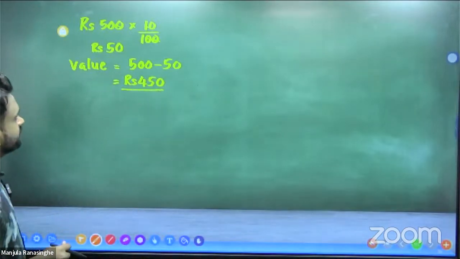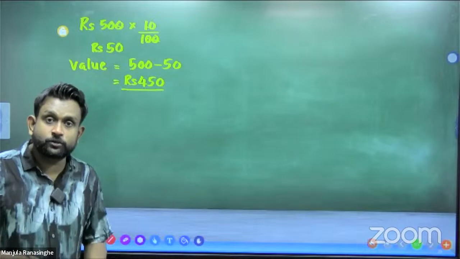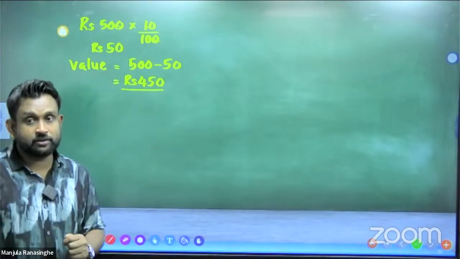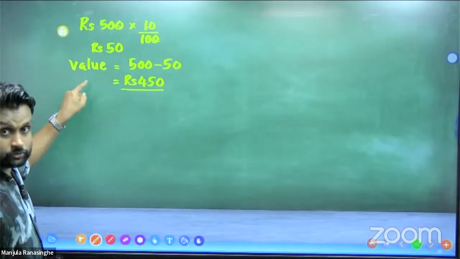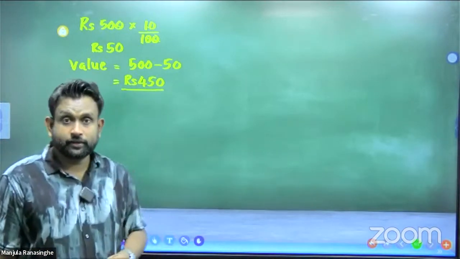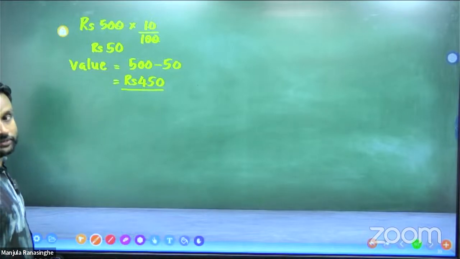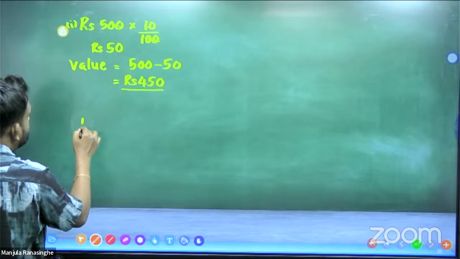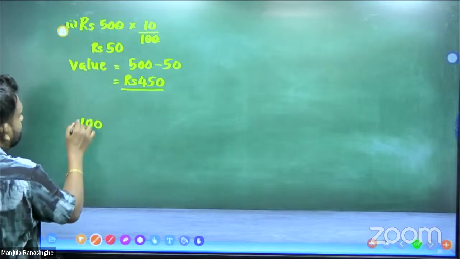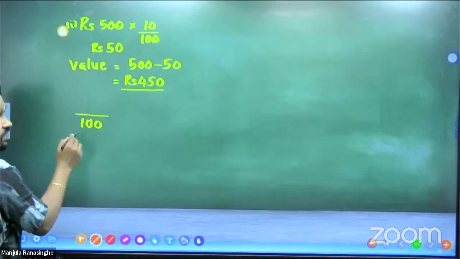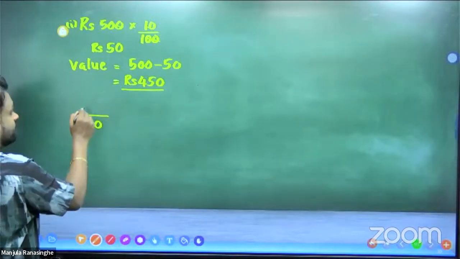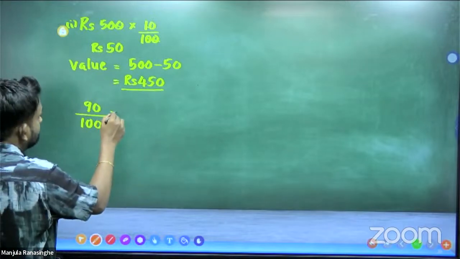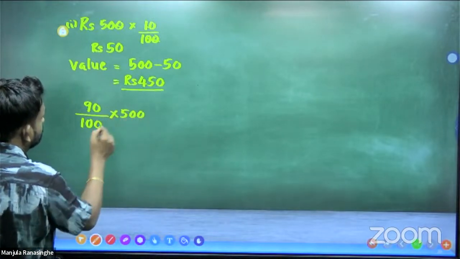Okay, this is one method. First calculating the discount, and then from the value of the good subtracting the discount. This is the price we need to give to the shop. Okay, right. So the other one, we can directly find out this way. If the value of the good is 100, the discounted price is what? 10 is subtracted, the discounted price is 90. Then for 500, what is the discounted price?